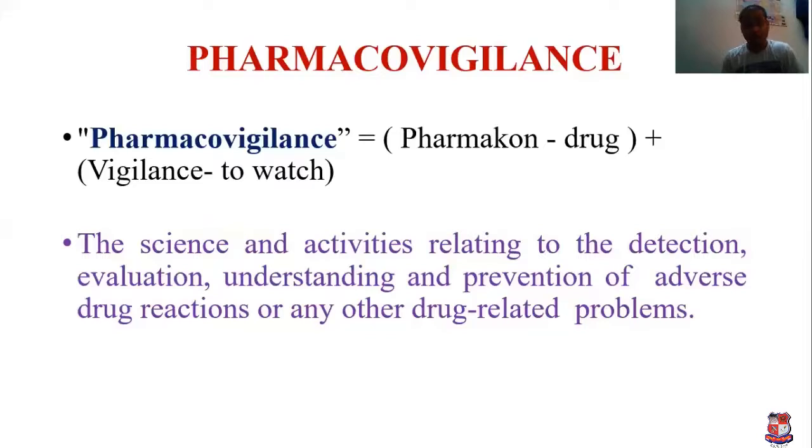So in case of pharmacovigilance, we have to identify the effect of the drug throughout the body. We have to know the adverse drug reaction created by the drug, any kind of unwanted reaction, any kind of unknown reaction produced by the drug.